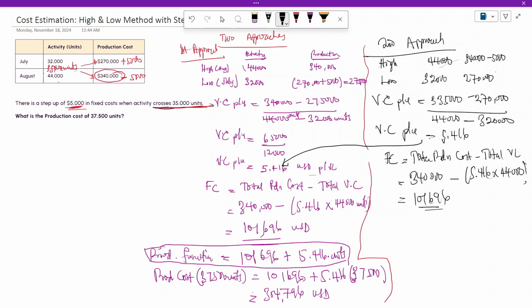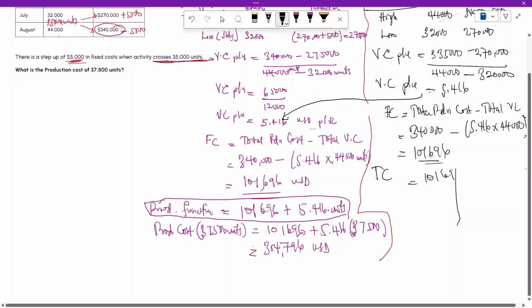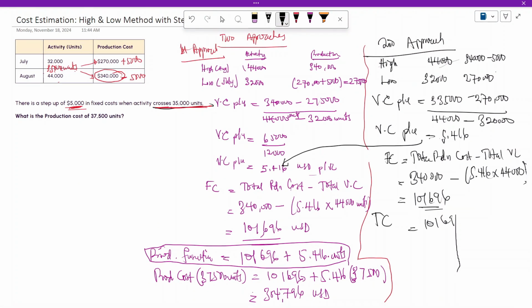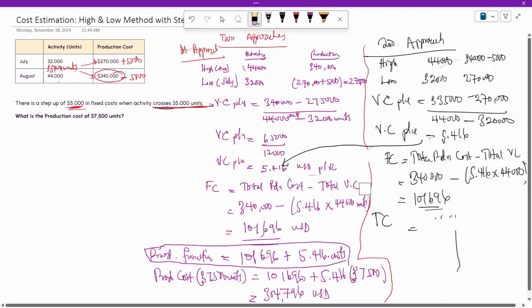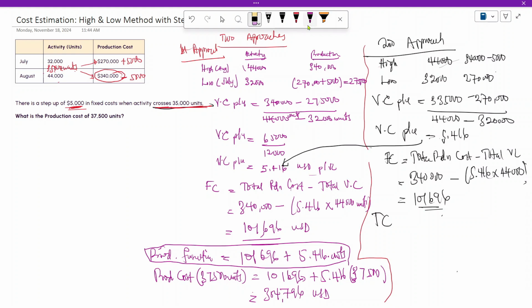Now the production cost function is going to give us the same thing. So we are going to get production total cost is equal to 101,696 plus 5.416 per unit. So the question is saying 37,500 units, so it is 101,696 plus 5.416 multiplied by 37,500.